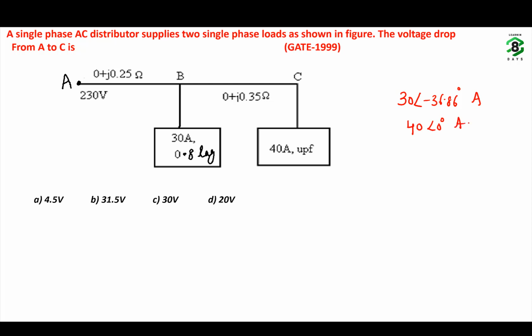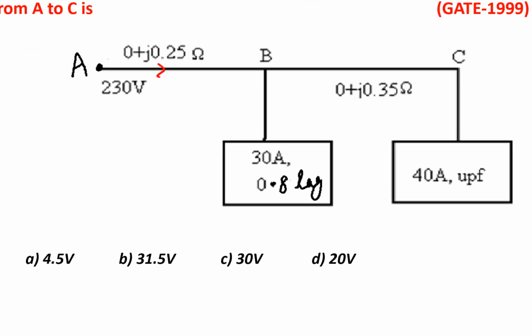So what is the total current flowing in branch AB? It is 30 at an angle minus 36.86 degrees plus 40 at an angle 0. The current flowing through branch BC is only one current, 40 at an angle 0.